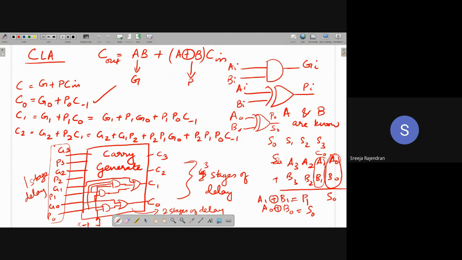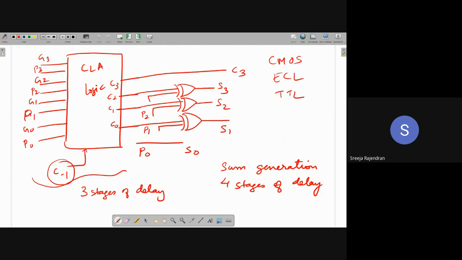So I will be able to generate as many carries as I want, and that means I can also generate as many sum bits as I want. 8 sum bits also, it will go this way. If I am able to generate G7 to G0 and P7 to P0, then I can generate sum bits from S0 to S7. The delay involved will be the same, so I have only 4 stages of delay.